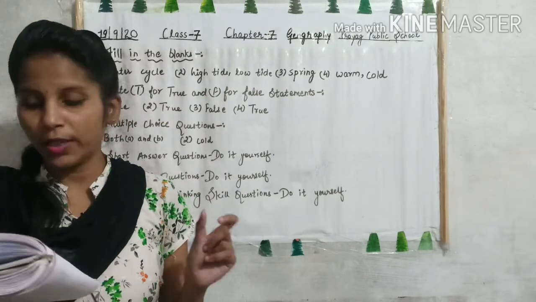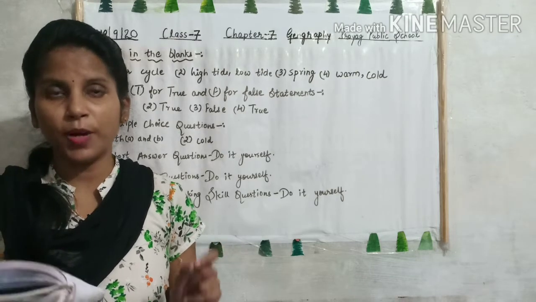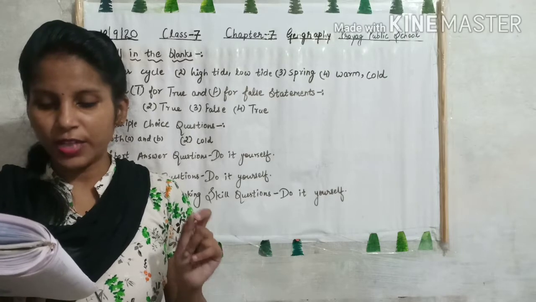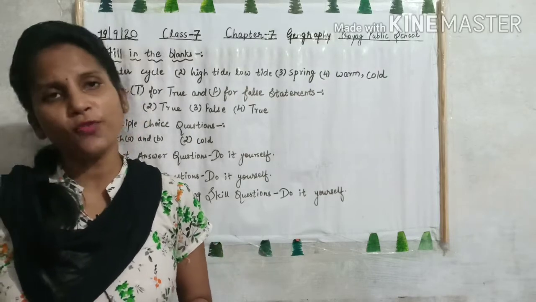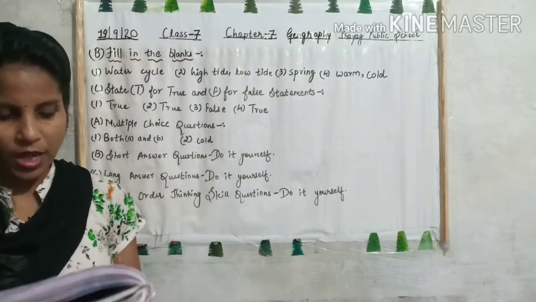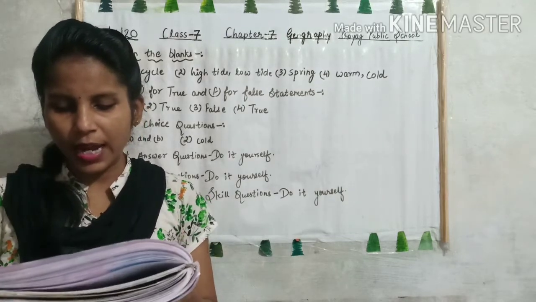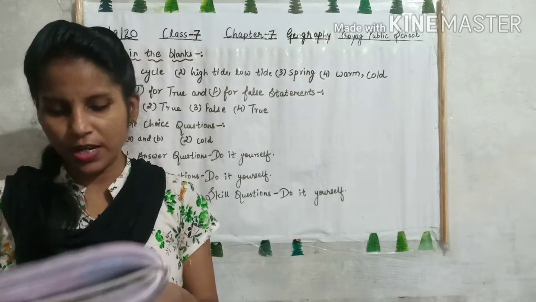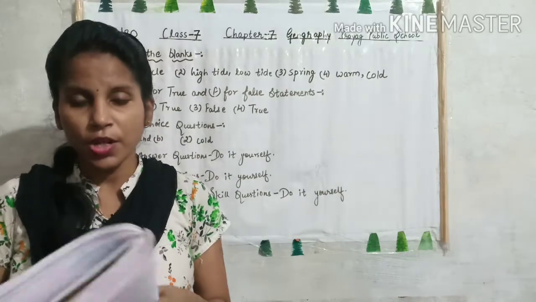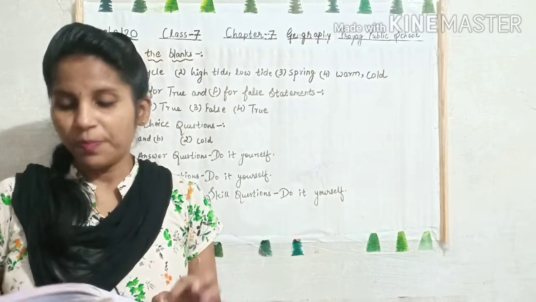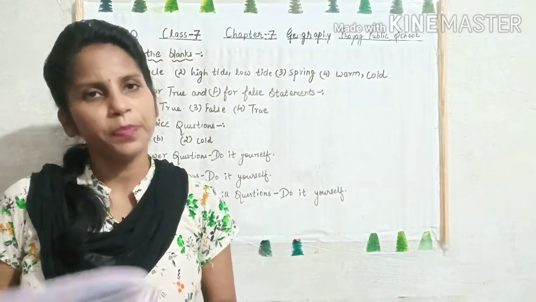So you will get this answer on page number 156 and 157 under the heading of tides and advantages of tides. Okay. Now question 4, how does ocean current affect the climatic and economic activities of an area? So this answer you will get under the heading effect of ocean currents on page number 158.